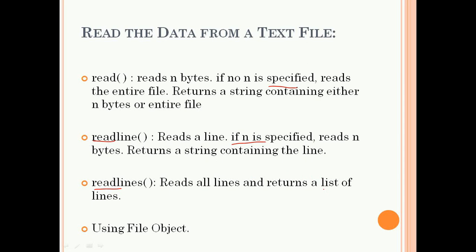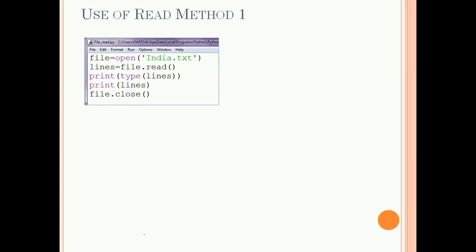Here the elements of the list will be lines of the text file. Next, using the file object. Using a for loop, we can iterate over the file object and it will return the lines of the text file.